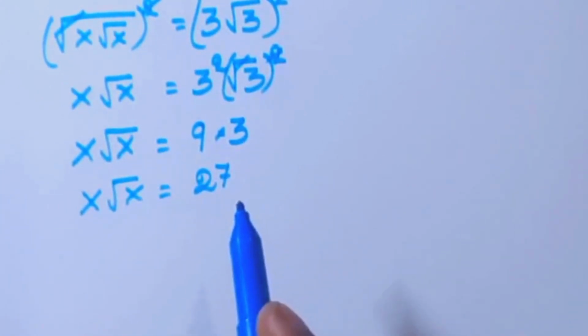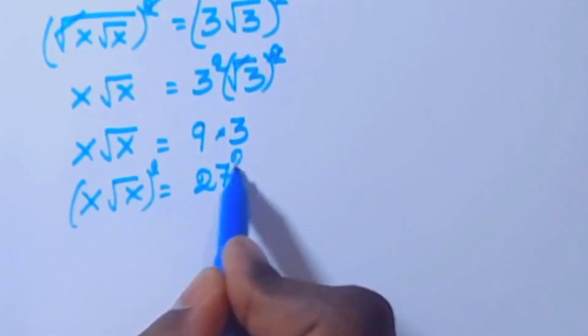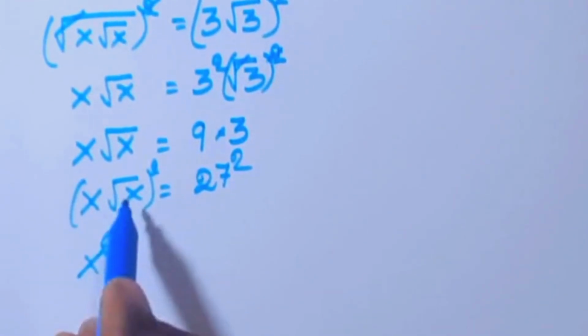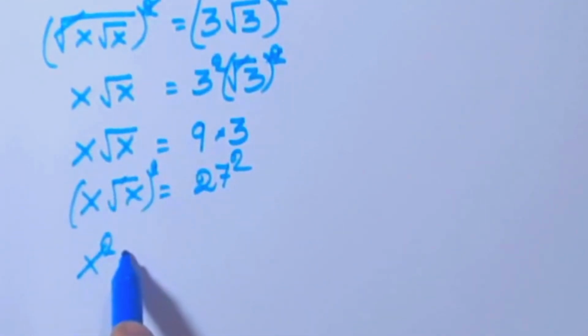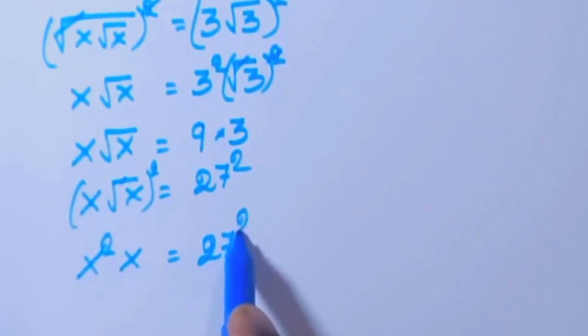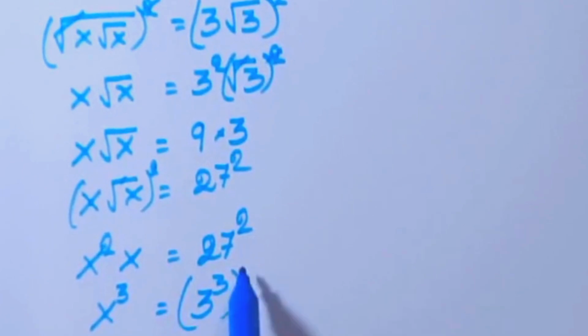Now take a square on both sides. So square here, square. So x squared, this cancels, so it is x equals 27 squared. So x cubed here. 27 is 3 to the power of 3, whole power.